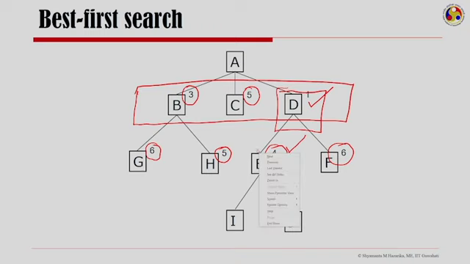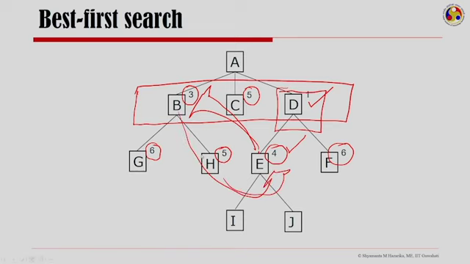So from doing D and not doing E and F, I jumped back to expanding B. And once B was expanded, I realized that nodes G and H are less promising than E. I come back and expand E. So this is what a best first search does. It tries to expand the most promising node while shifting from being depth first to breadth first and breadth first to depth first again.